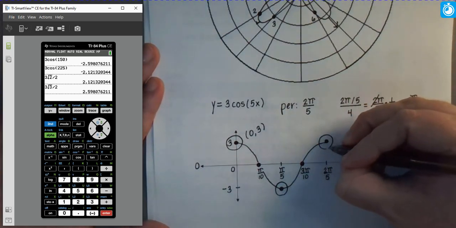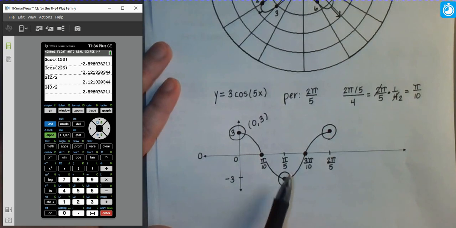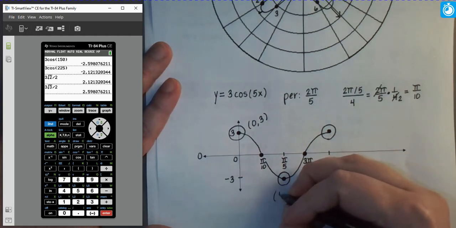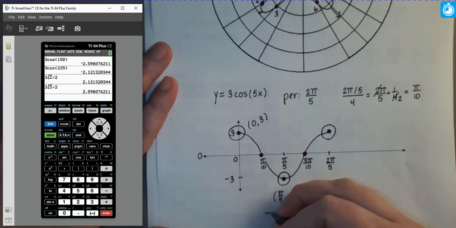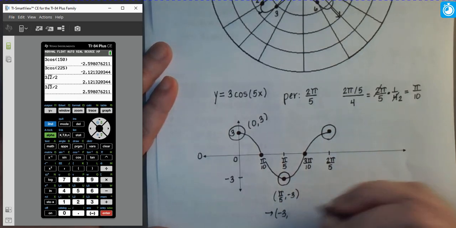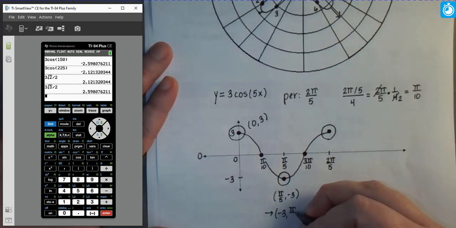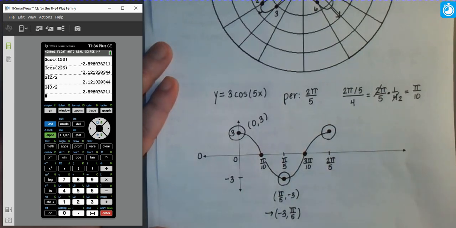This one does as well. So this particular point at pi over 5, negative 3, if we put it in polar coordinates, pi over 5, negative 3 would become negative 3, pi over 5. That will be the location of another one of our petal tips.